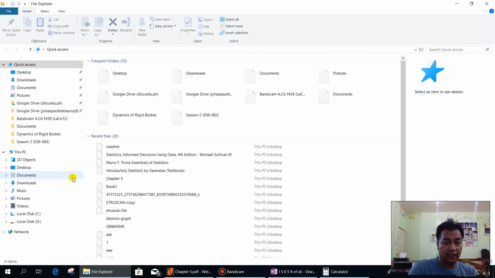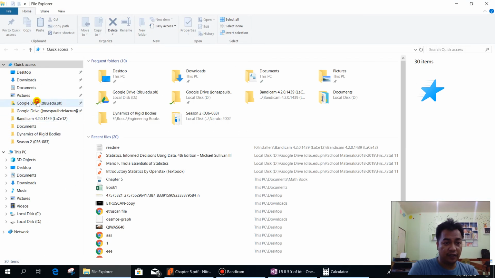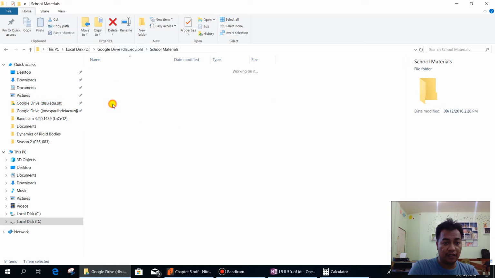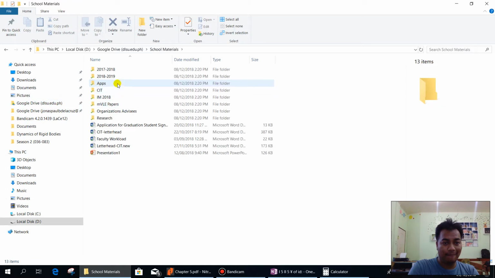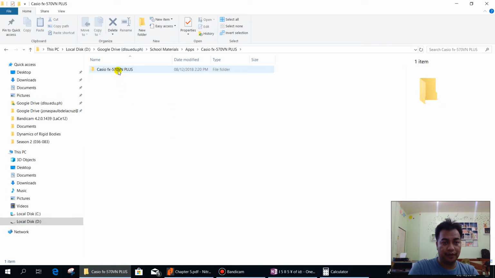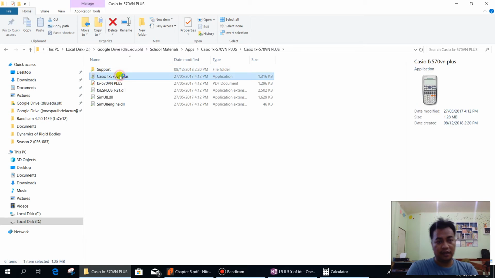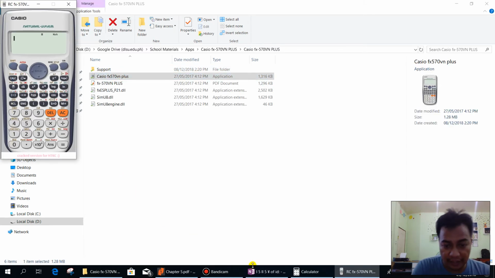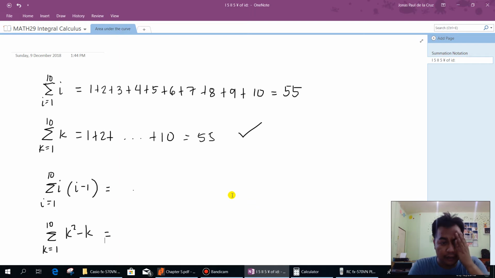My scientific calculator. Yan. Later on, gagamitin natin yan. Okay, ito, substitute lang natin yung 1.